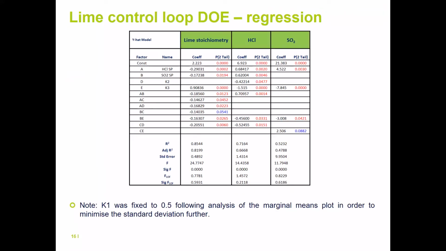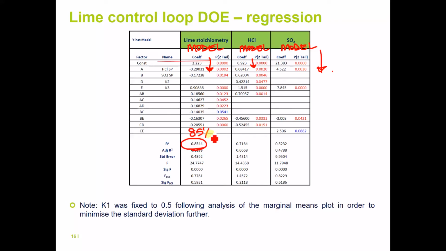So here's the analysis. Each one of these, if you haven't seen one of these before, this is a mathematical model for stoichiometry. It's a mathematical model for the HCl down here, and it is a mathematical model for the SO2. How good are the models? Well, this one, brilliant actually.